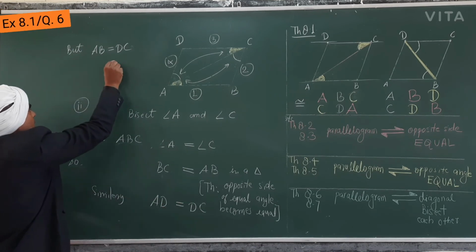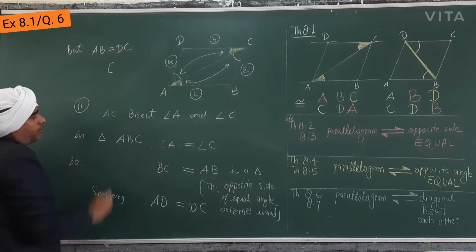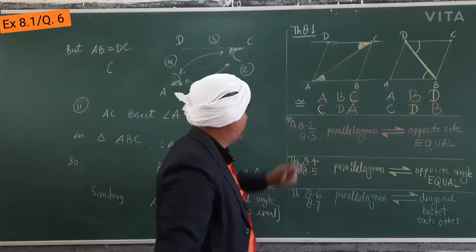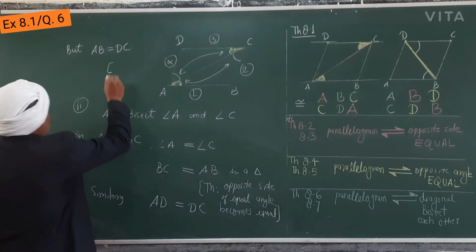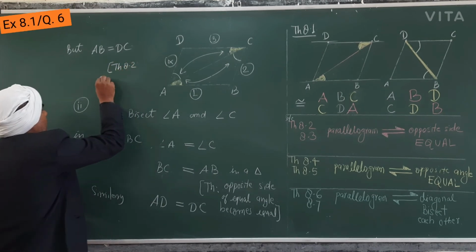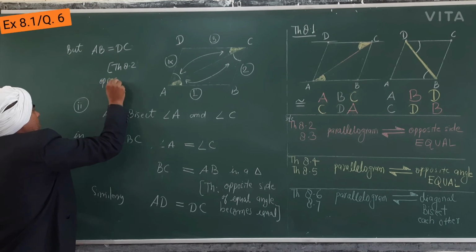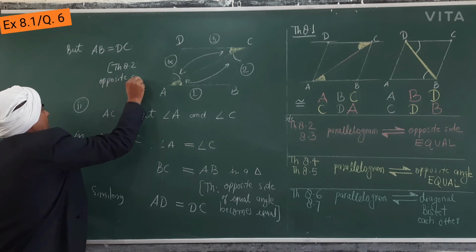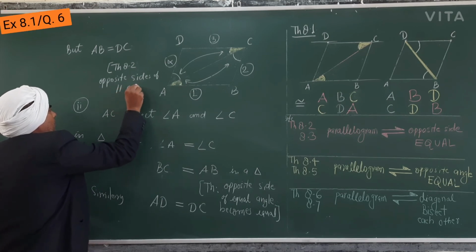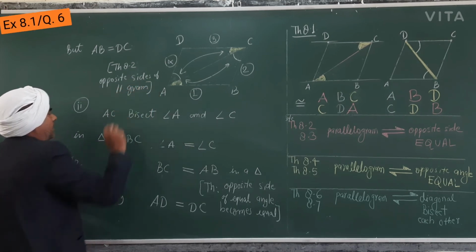Why is it? Because in a parallelogram opposite sides are equal, Theorem 8.2. So you will write Theorem 8.2, opposite sides of a parallelogram.